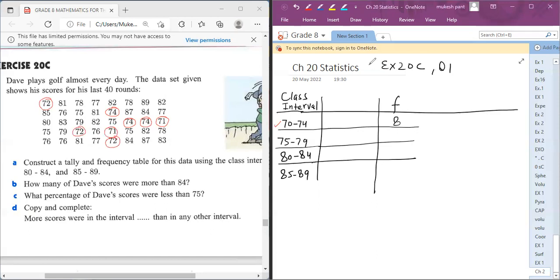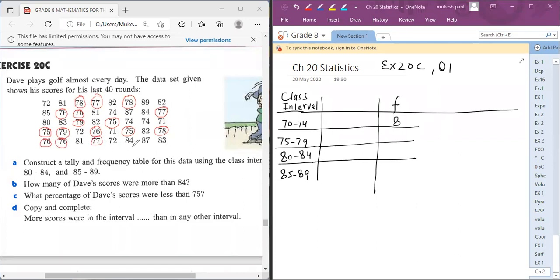Understood? Now next is 75 to 79. That one, 78, 76, 77, 78, 78, then 75, 76, 77, then 75, 79, 75, 75 again, 79, then 76, 76, 77, 78, 78, then 76, 76, 76, 77.